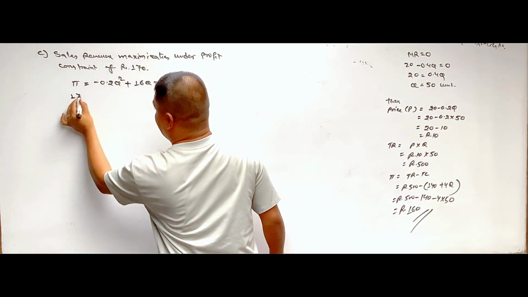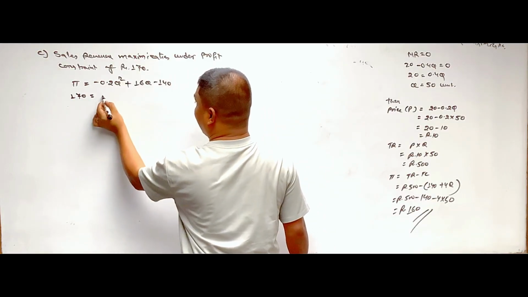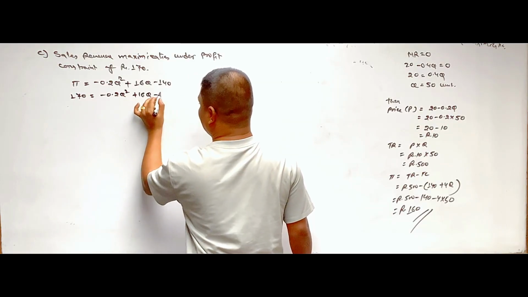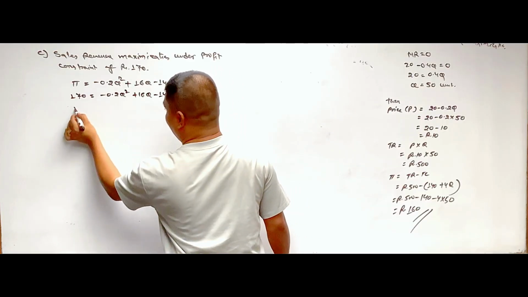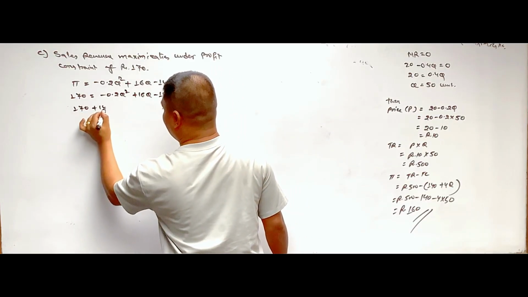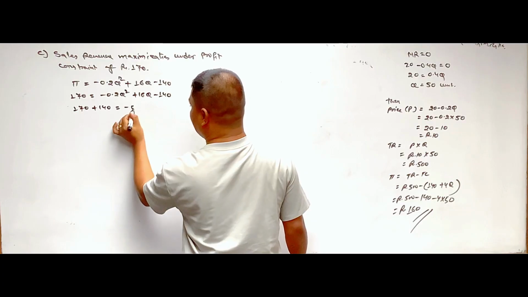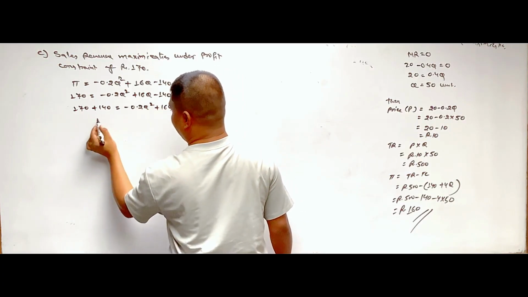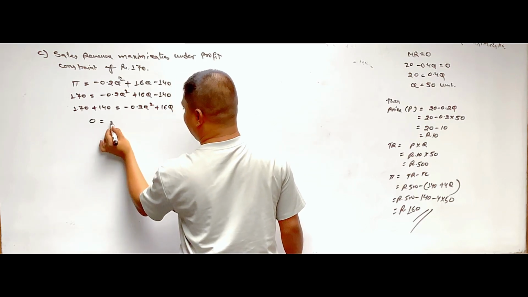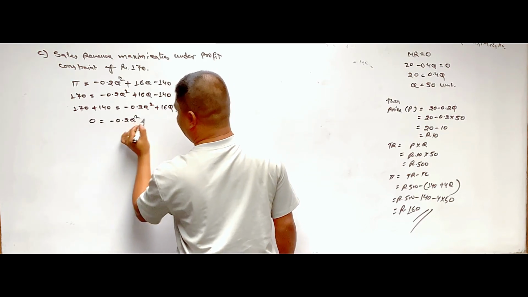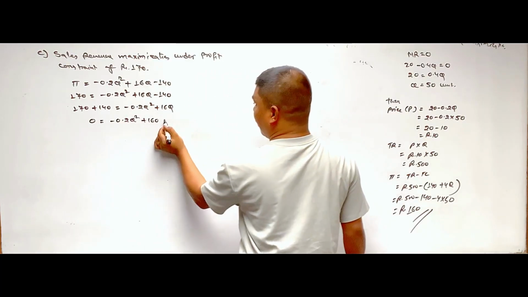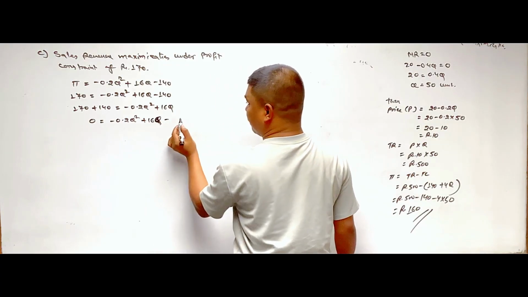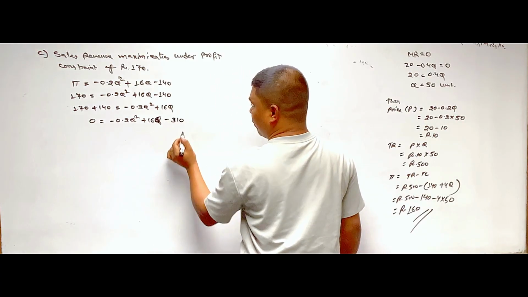Profit 170 equals minus 0.2q square plus 16q minus 140. 170 plus 140 equals minus 0.2q square plus 16q. 0 equals minus 0.2q square plus 16q minus 310.